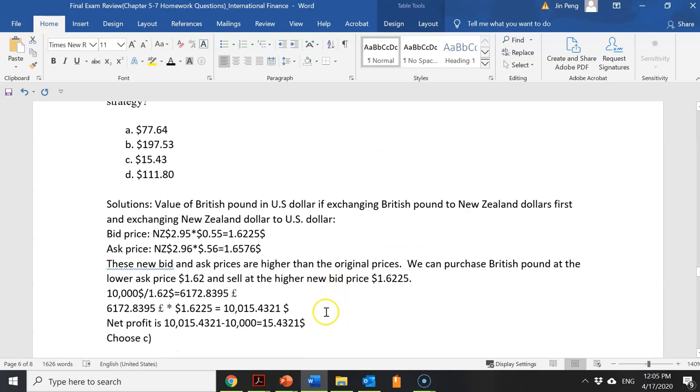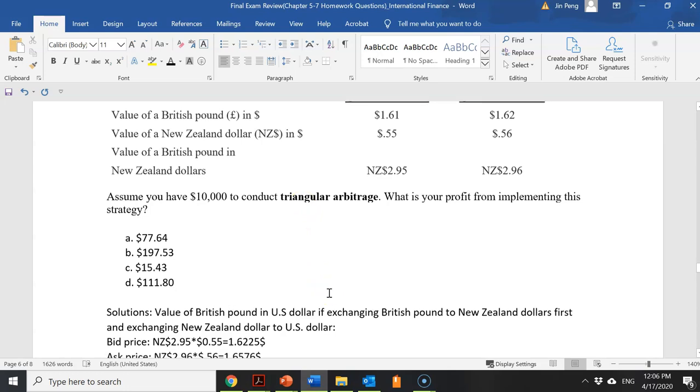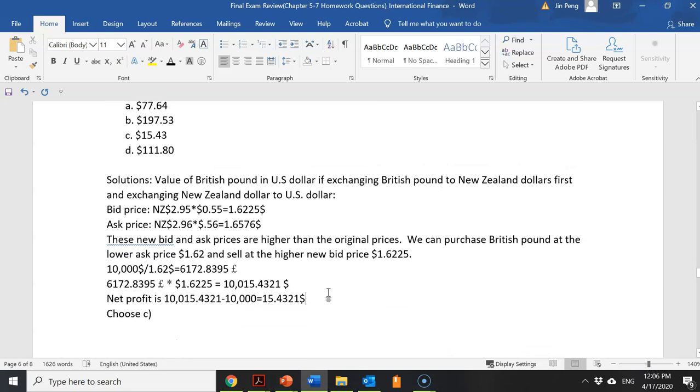Okay, and calculate for the net profit. And again, we have some other examples of triangular arbitrage in the slides. You should be able to practice these problems and work on them independently.